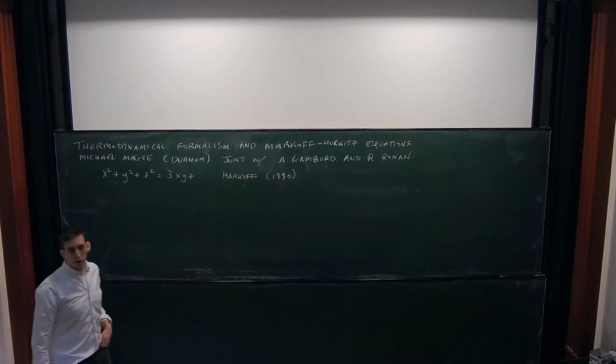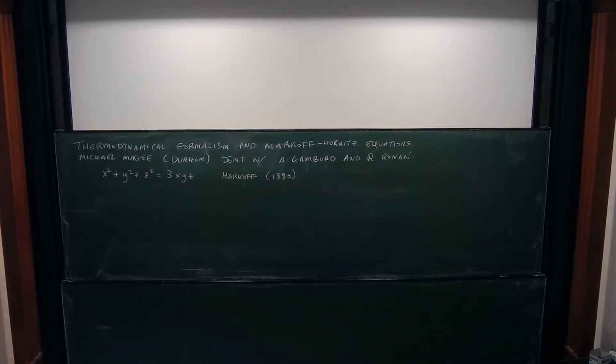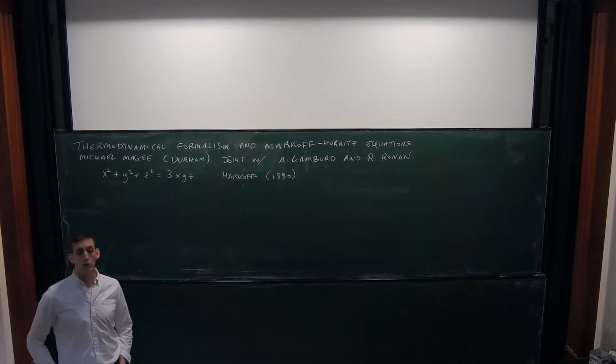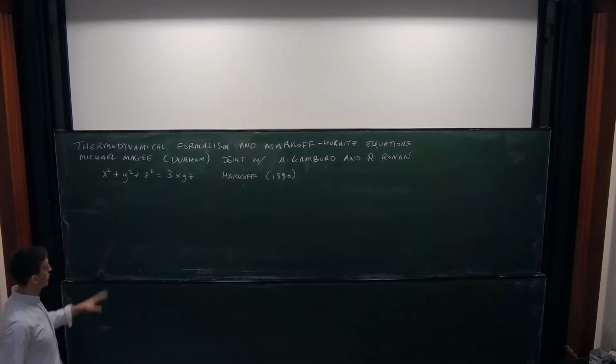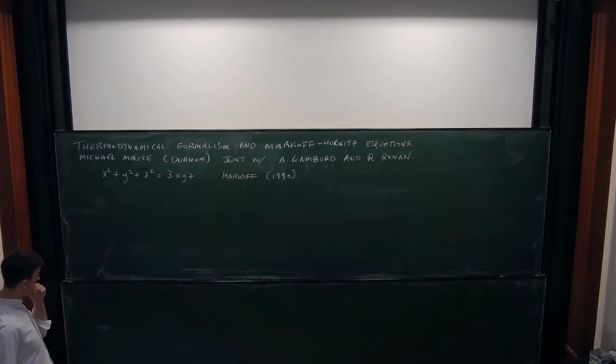It appears in connection with Diophantine approximation of irrationals, in particular the Markov spectrum and Markov's theorem. It's also connected to character varieties, so varieties of SL2C local systems on a once punctured torus. So it's connected to number theory and geometry.